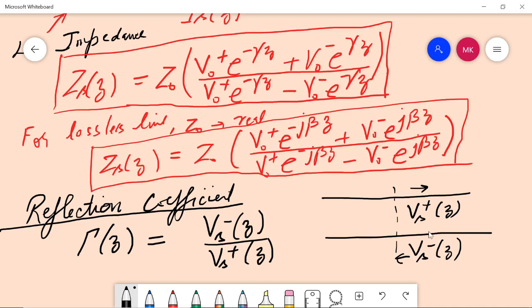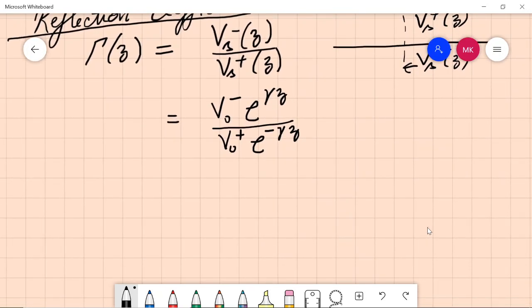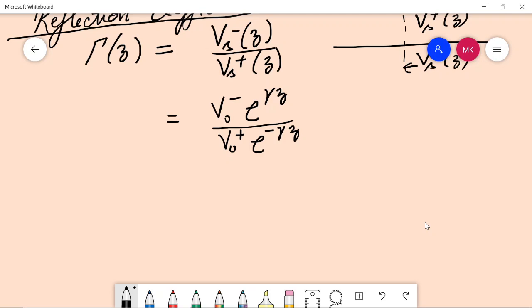For this point, now when you open it, you will have the Vs minus Z is V naught minus e to the power plus gamma Z, since it is moving in the negative Z direction, divided by V naught plus e to the power minus gamma Z, because it's moving in the positive z direction.